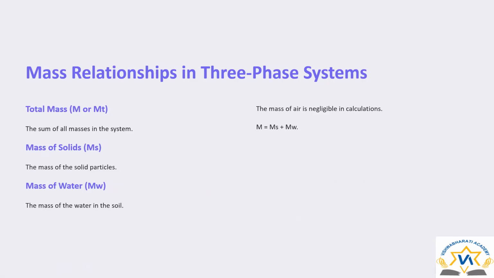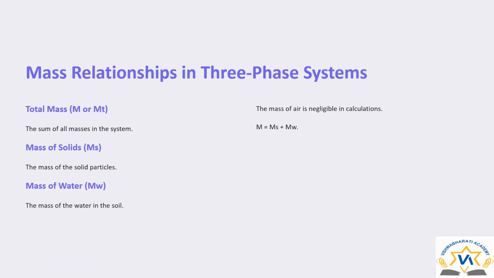The sum of all masses in this system is called the total mass of the system. Next is the mass of solids, which means the mass of solid particles present in the system. It is indicated by ms.